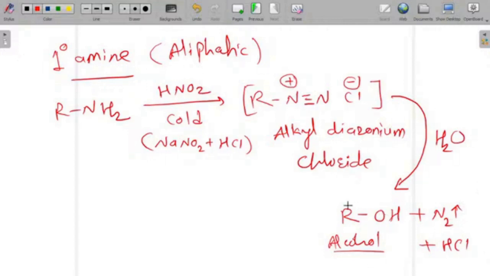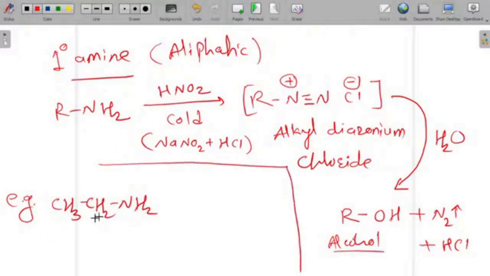If I consider an example, if I want to prepare ethyl alcohol, you have to take ethyl amine, CH3CH2NH2.